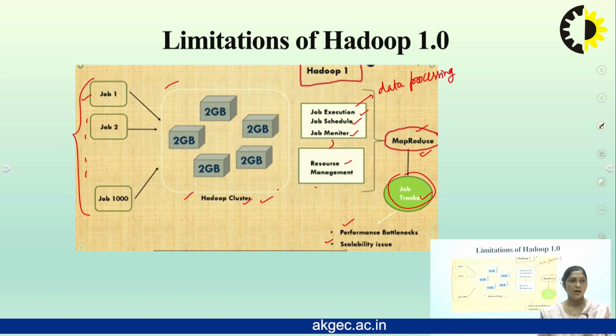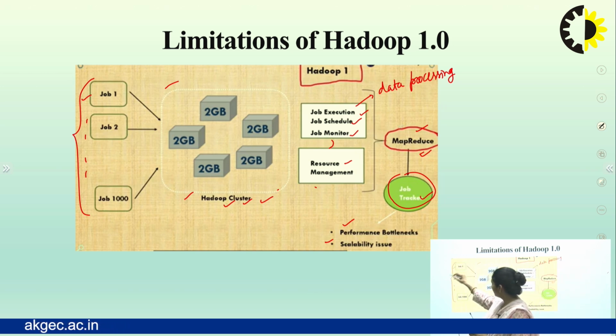One more time, I am summarizing the same topic. The size of this Hadoop cluster was only 4000 data nodes, so the size was limited in Hadoop 1.0. Suppose in the starting we have Job 1, 2, 3 up to 1000.